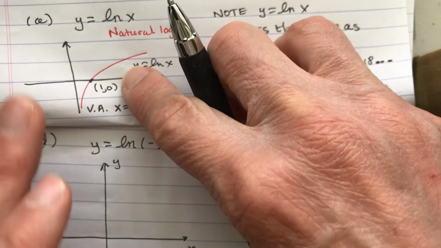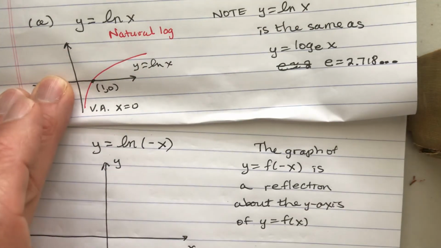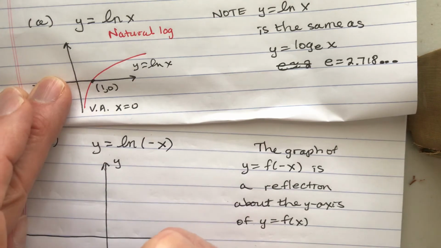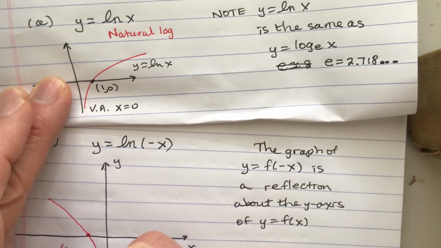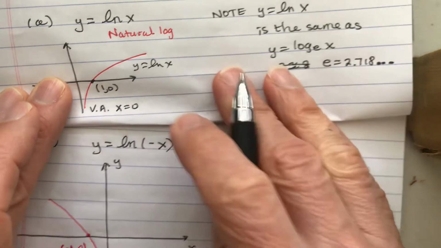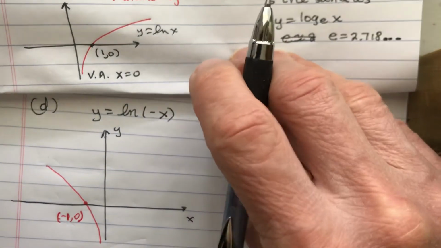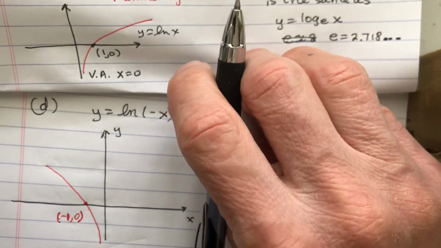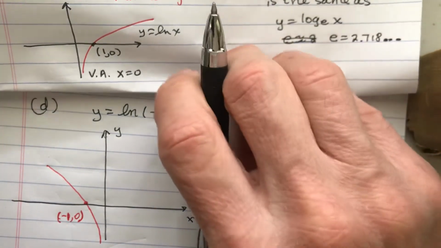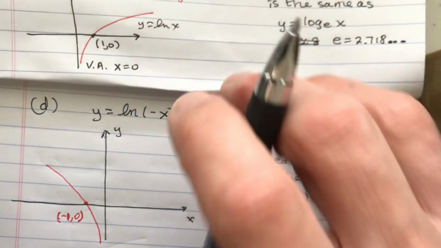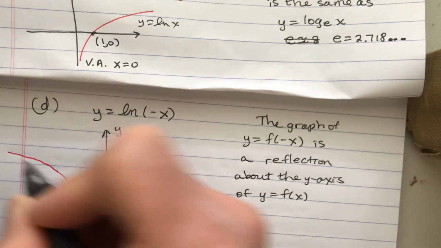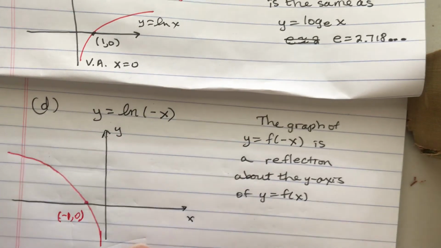I draw this, but I have a mirror image around the y-axis. You could check on the calculator. I've had students who, when I tell them this is true on the test or something, they don't believe me until they check on the calculator. So that's fine. You can check on the calculator.